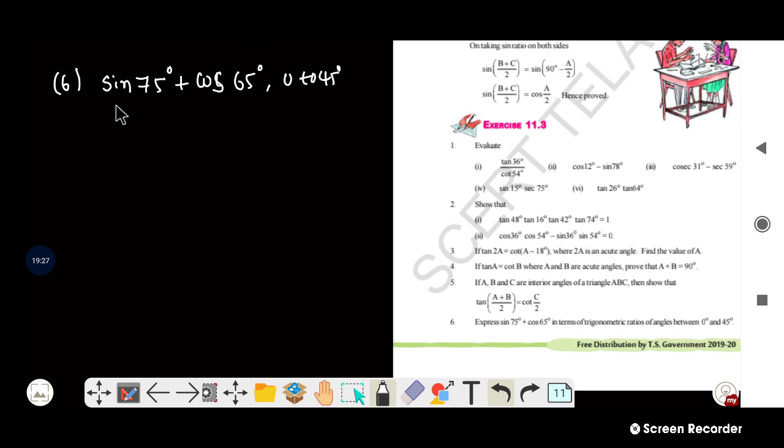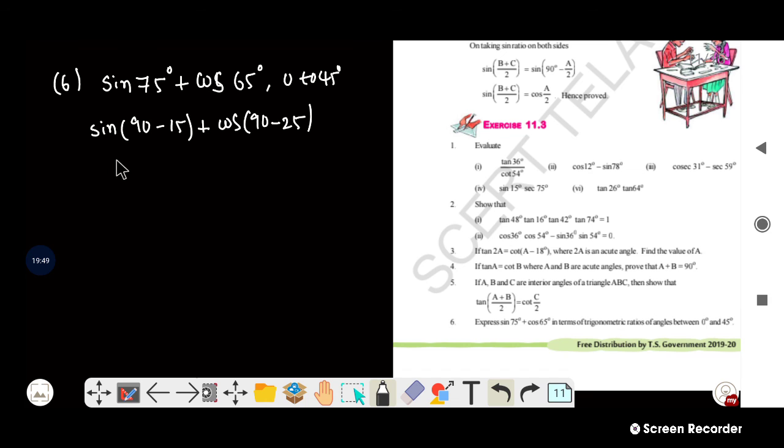Sine 75 means sine (90 minus 15) plus cos (90 minus 25), is it right?